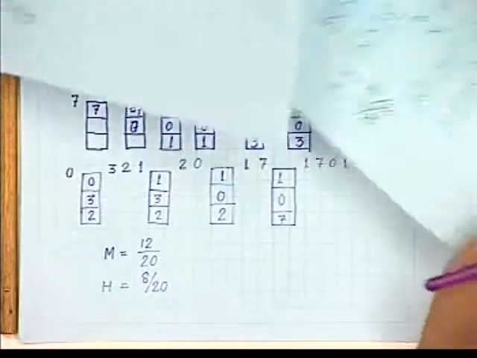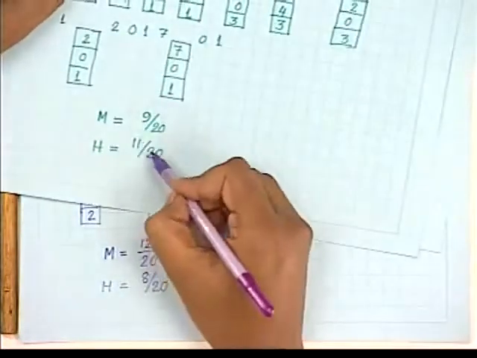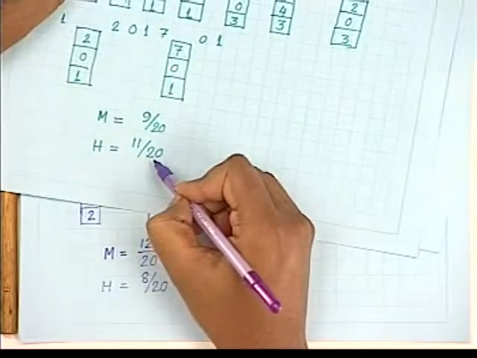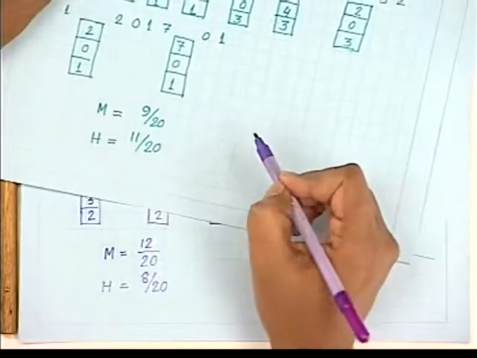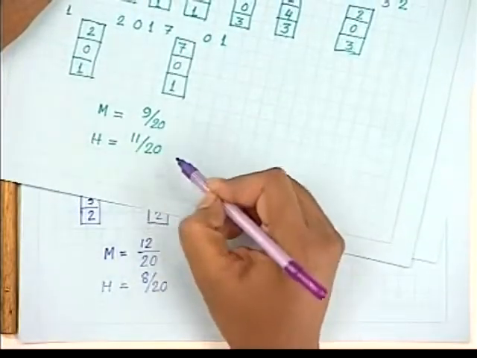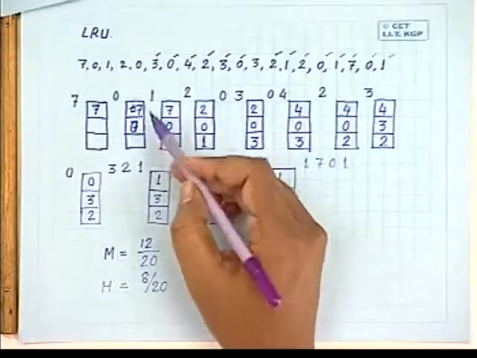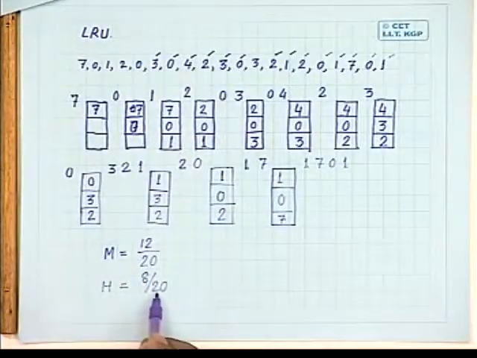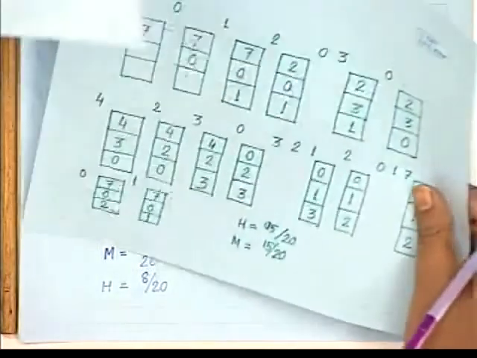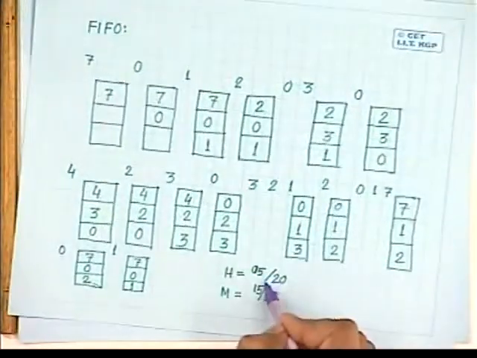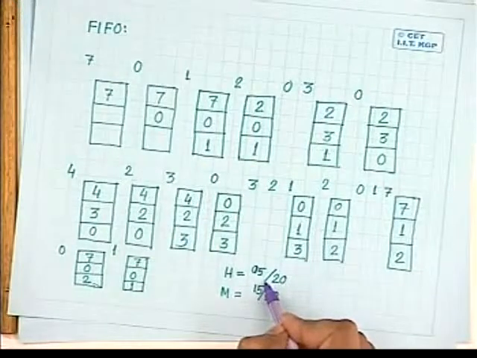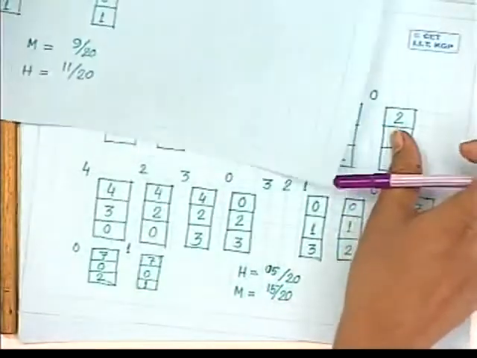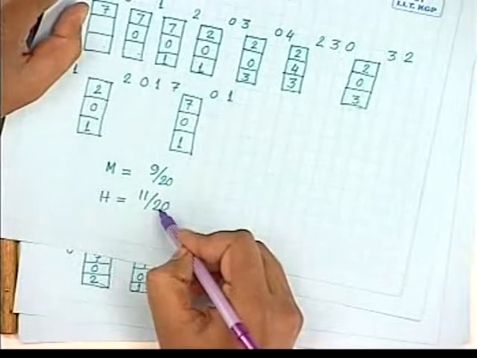In case of optimal algorithm, hit ratio was 11 by 20. So you have a considerable improvement in the hit ratio. In case of LRU technique, least recently used technique, hit ratio is 8 by 20, which is more than that in case of FIFO algorithm, first in first out algorithm, but less than that in case of optimal algorithm.